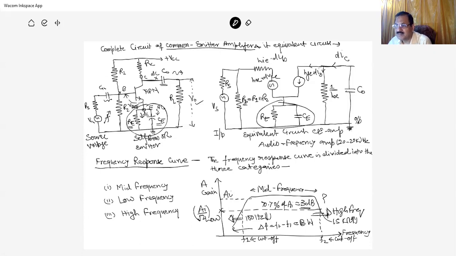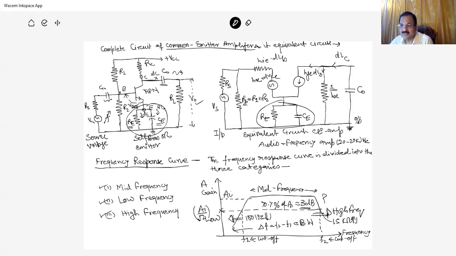So we have to find out how this curve varies. The main problem is how the curve varies. So we can divide this curve into parts: mid frequency region, high frequency region, and low frequency region.